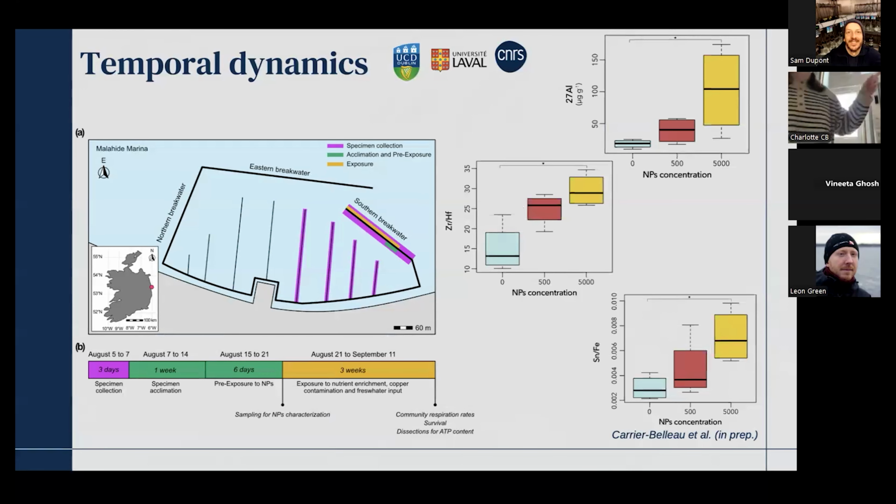And we do see after 6 days of exposure that we have an increase in those contaminants also in the mussel. So we believe that the effect probably comes more from the metal or the other contaminants associated to the plastic than the plastic itself, because it's so small. It just goes through any biological barrier. So it's hard to characterize the impact of that very small particle.